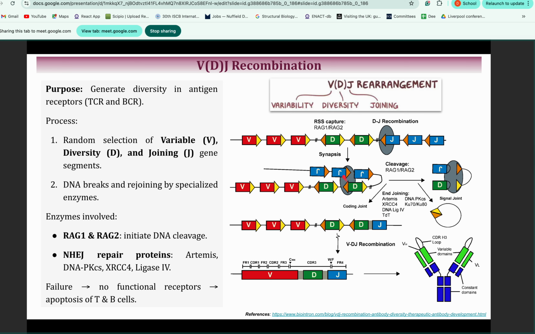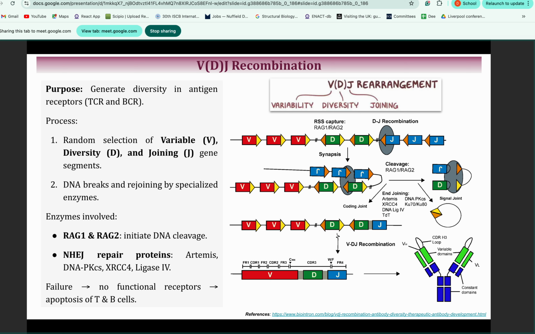This particular fragment, which was DJ, is lost. This one region is lost, and then this D is now combined to the half of this D and the other J from here. In this way, this is known as VDJ recombination, in which the VDJ units recombine in different combinations, due to which they generate diversity in the antigen receptors.